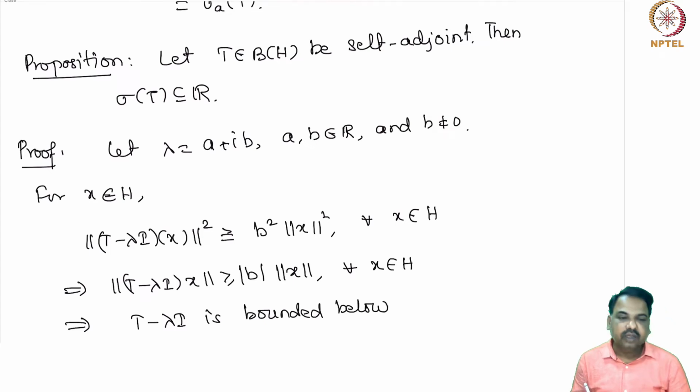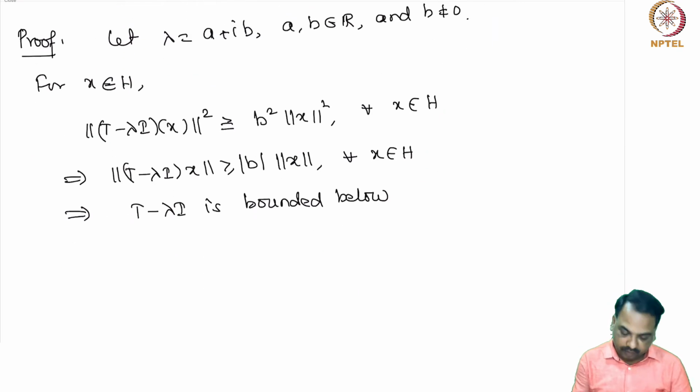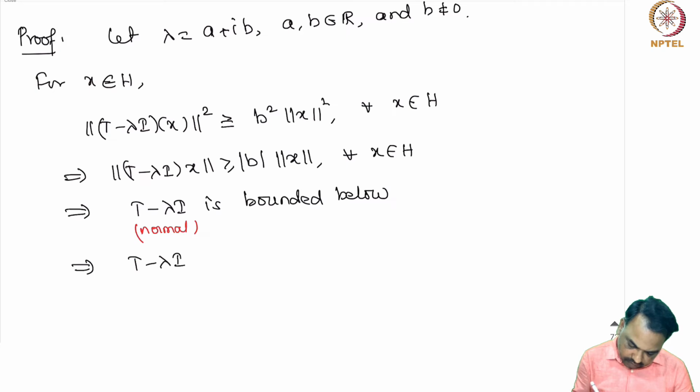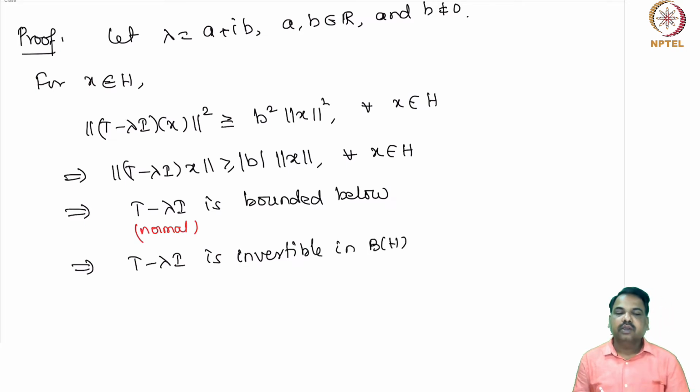We know that T minus lambda I is normal, so this operator is normal, so that means it has a bounded inverse, is invertible in B of H. It has a bounded inverse and the inverse exists.